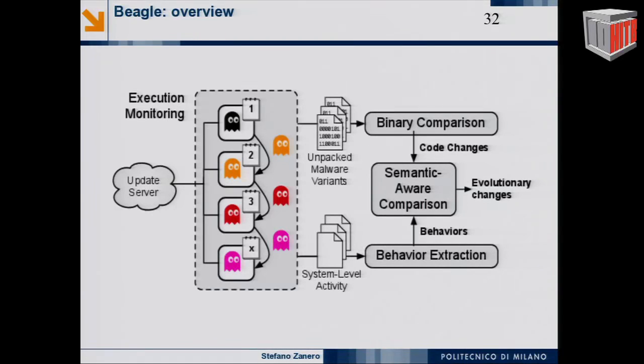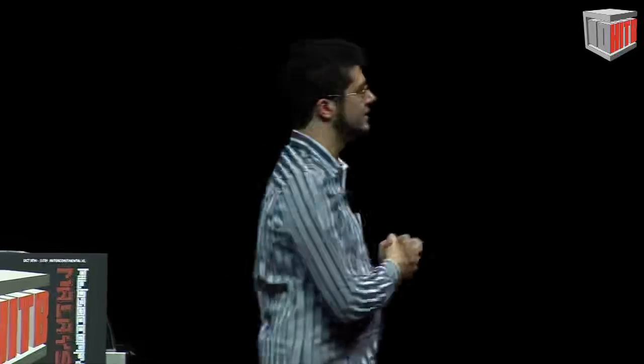Every time a version changes, I execute it in a dynamic analysis environment. I log its system-level activity, and I analyze it from the binary point of view, an unpacked version of it once again. Same basic requirement as Reanimator. It needs to unpack itself.